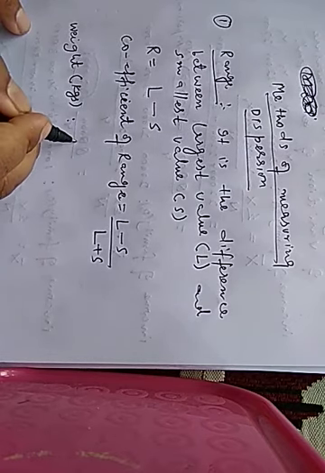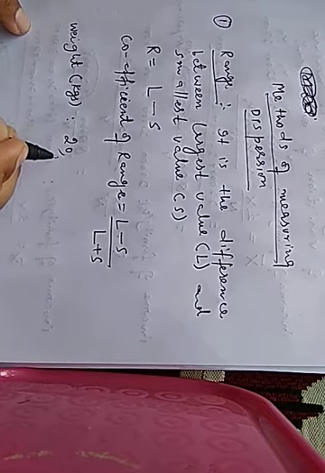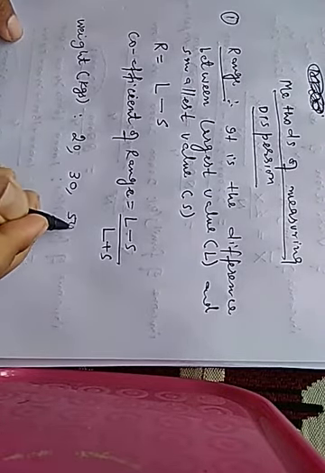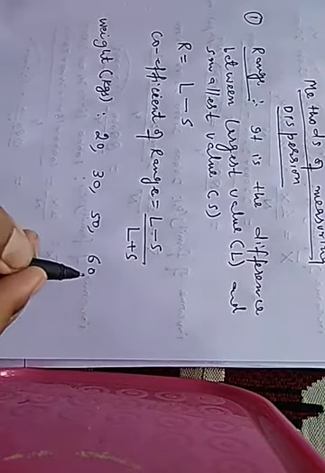For example, the statistical information given is weight of some persons in kgs: 20, 30, 50, 60 and 80 kgs.